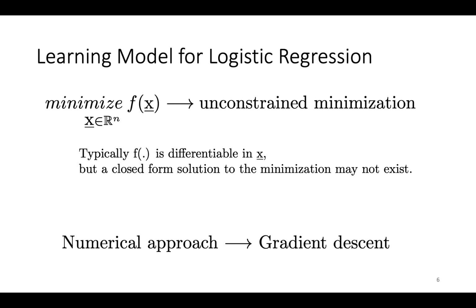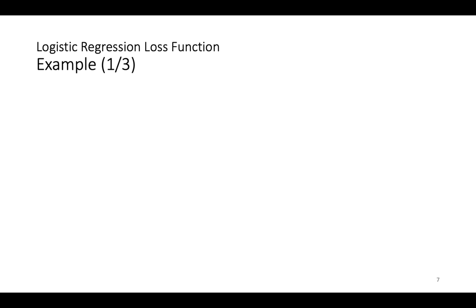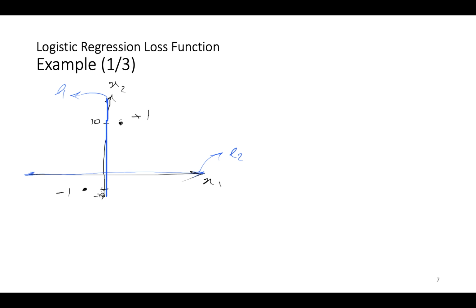All right. Before starting that, let's have a quick example of computing a loss function for logistic regression. Say you have 2 points, or 2 sets of points, let's say. Here and here. The class of the right one is +1, the other one is -1, okay?